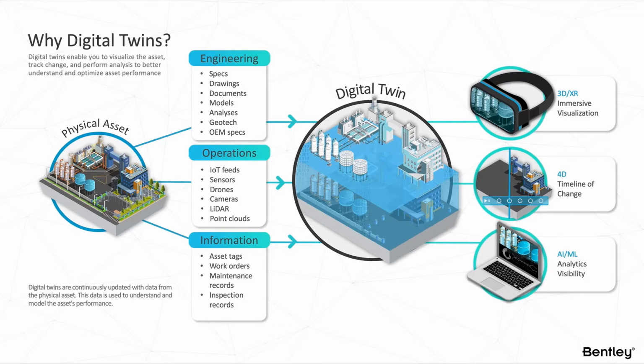You're able to visualize the 4D timeline of change on your physical asset. In addition, the advantage of this cohesive information is that you're able to run machine learning algorithms on this data and gain better insights. That is a compelling proposition.